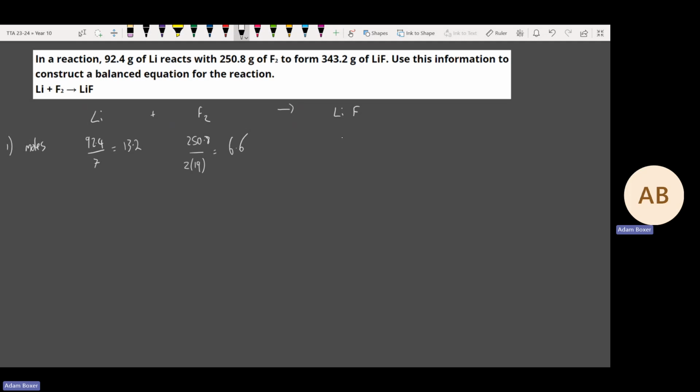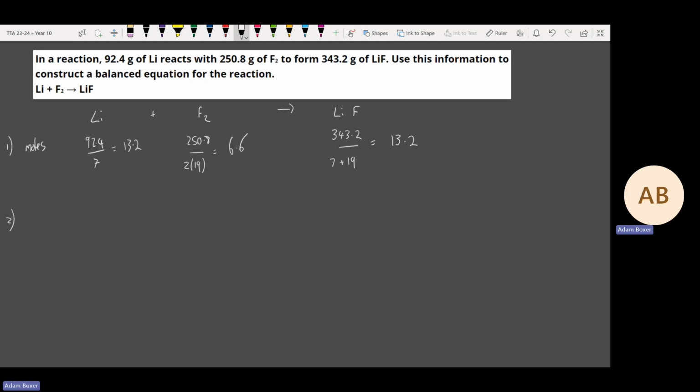And then for LiF, I've got 343.2 divided by 7 plus 19, which is 26. I'll write that in full just so you can see really clearly what I'm doing. And that gives me 13.2 again.